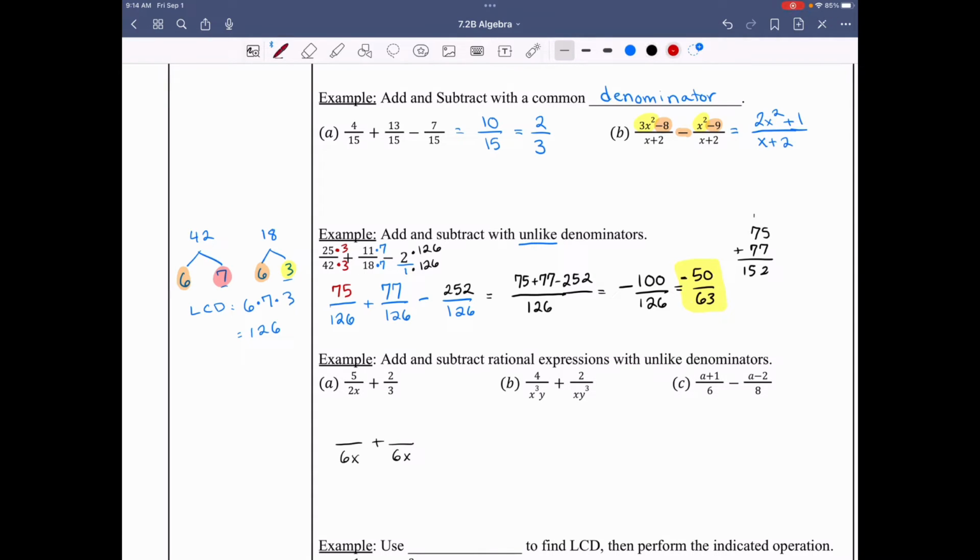To make 2x into 6x, I multiply by 3, so I also have to multiply the 5 by 3. That's 15. And then to get 3 to become 6x, I multiply by 2x. 2 times 2x is 4x. This equals 4x plus 15 over 6x.